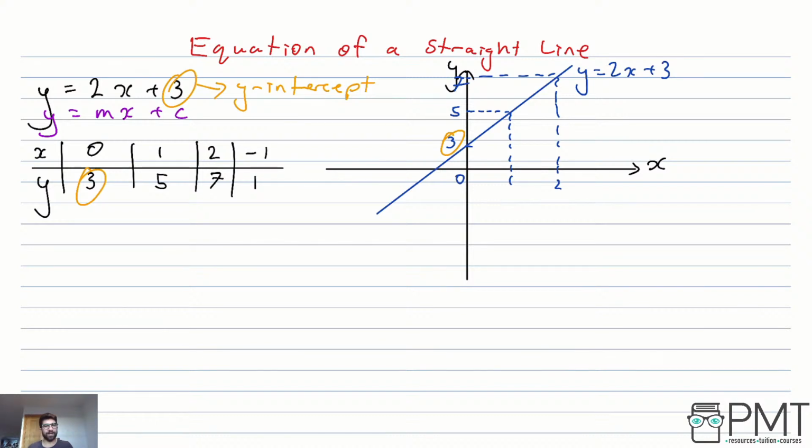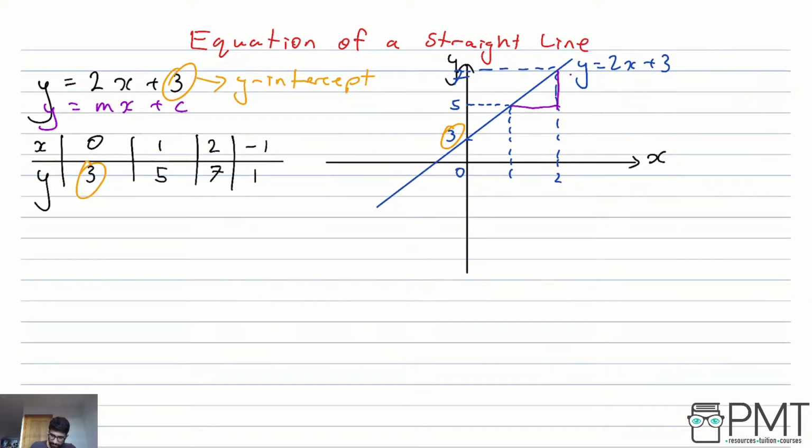So the gradient of a line is, if you make a triangle there, if you take this side of the triangle and divide it by the run... yep, thank you, Isabella.